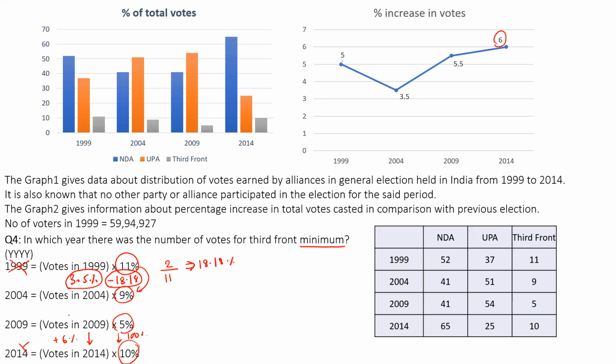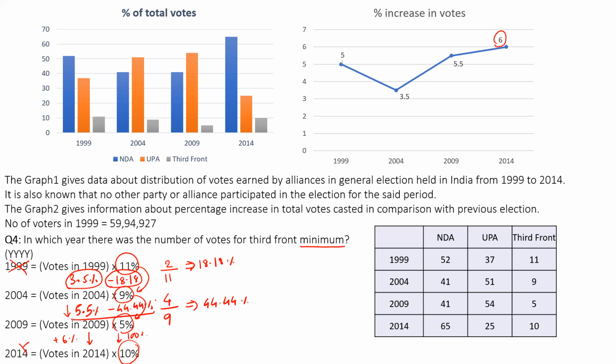Now 2004 and 2009, here there was an increase of 5.5%, hence I'm taking it as positive. And from 9 to 5, a change of 4 over 9 is equal to 44.44%. So it is going down by 44.44%.